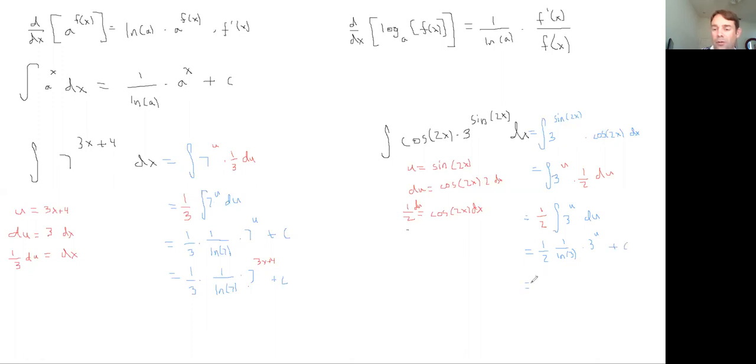So we have our final integral here, 1/2 times 1 over the natural log of 3 times 3 to the, oh, what was our u again? It was sine of 2x. Plus c.